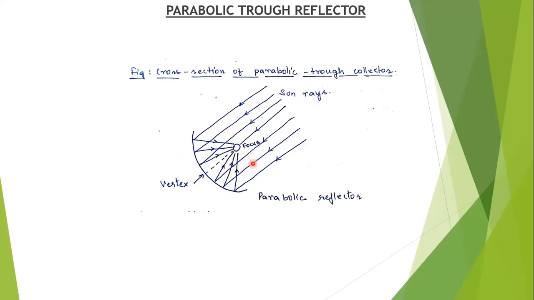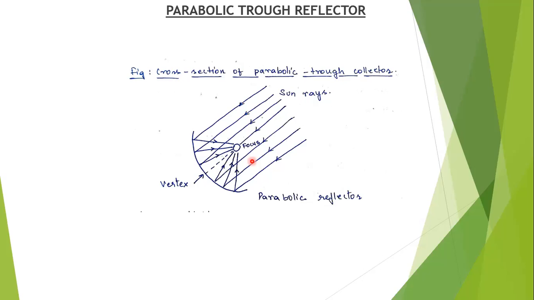Dimensions vary over a wide range. The length of the reflector unit is about 3 to 5 meters, and width is 1.5 to 2.4 meters. We can use 10 or more of these parabolic reflectors, all connected end to end in a row.